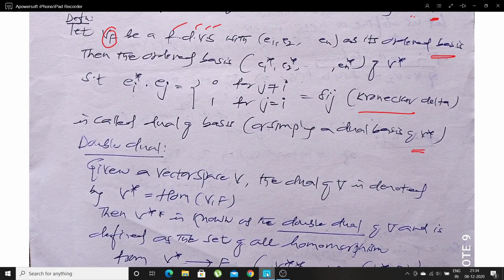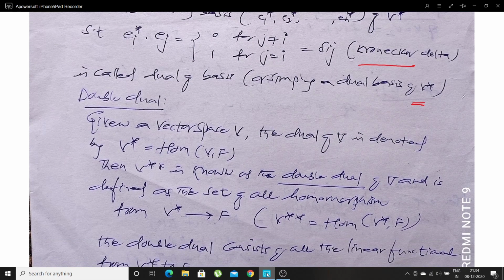Next definition, double dual. For a given vector space V, the dual of V is denoted by the notation V star. It means homomorphism of a vector space V into the scalar F. And we denote the double dual by the notation V star star, that means V double star.